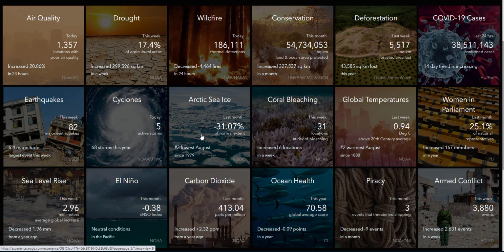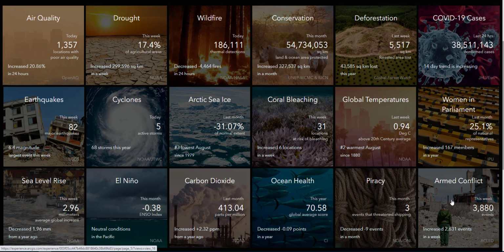We can see that in the last month, we are the number 3 lowest since August of 1979 for Arctic sea ice. We can also see that we have over 3,800 armed conflicts happening, and this has increased this week. The number of events has actually increased by 2,600 events.